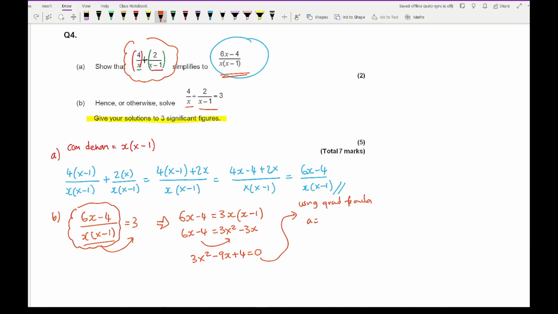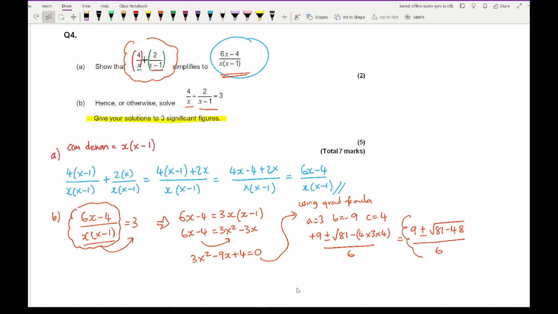where a equals 3, b equals minus 9, and c equals 4, what I end up with is plus 9 plus or minus the square root of 81 minus 4 times 3 times 4, all over 6. And then if I neaten that all up, and let me just quickly work out what 12 times 4 is, I've got 9 plus or minus square root of 81 minus 48, all divided by 6.